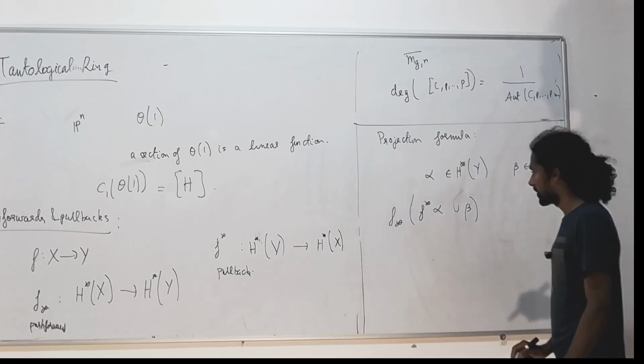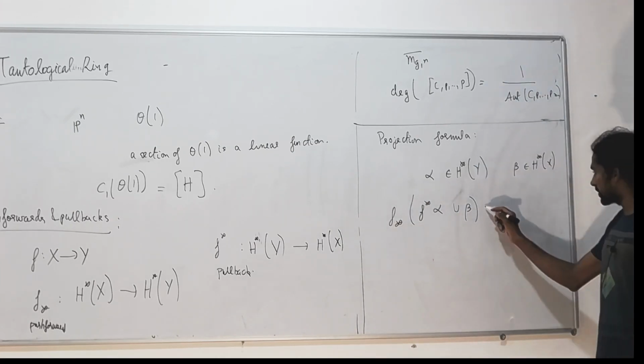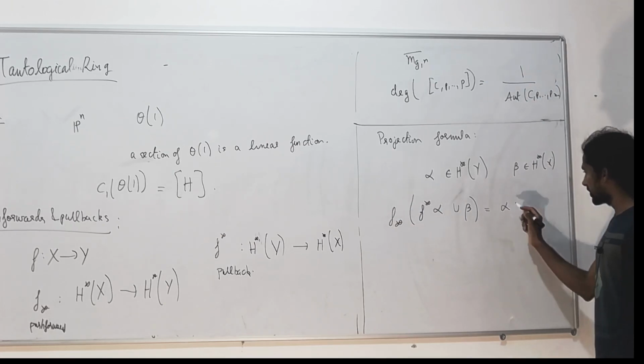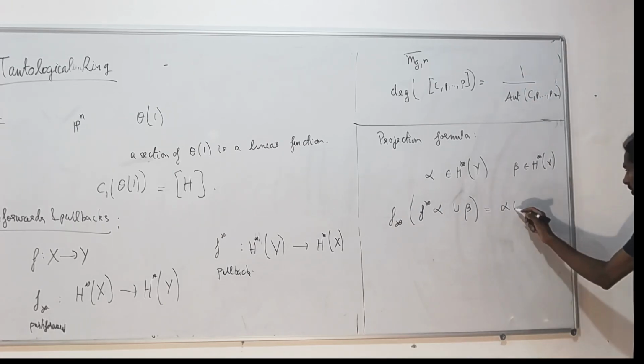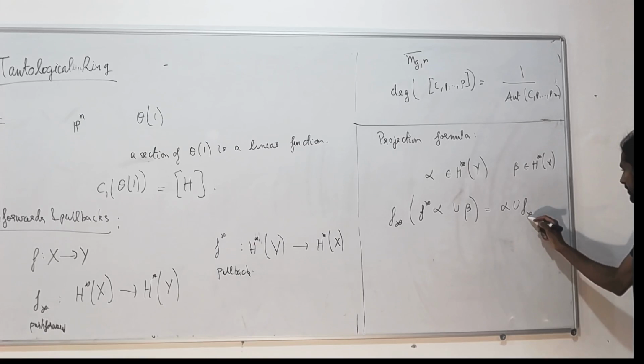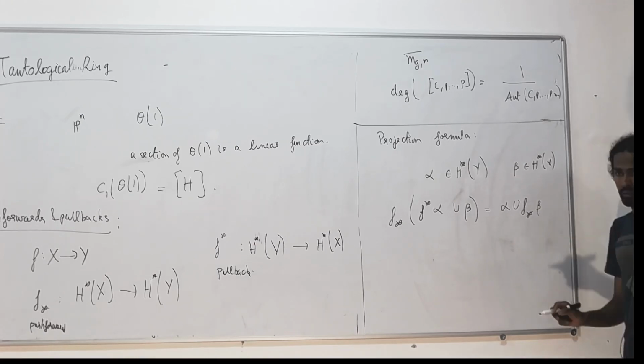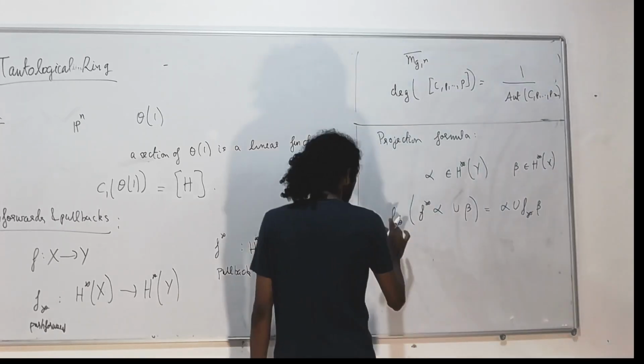And when you do this, you get alpha cup the push forward of beta. And this formula is known as the projection formula. Sorry, my f's are kind of messy.